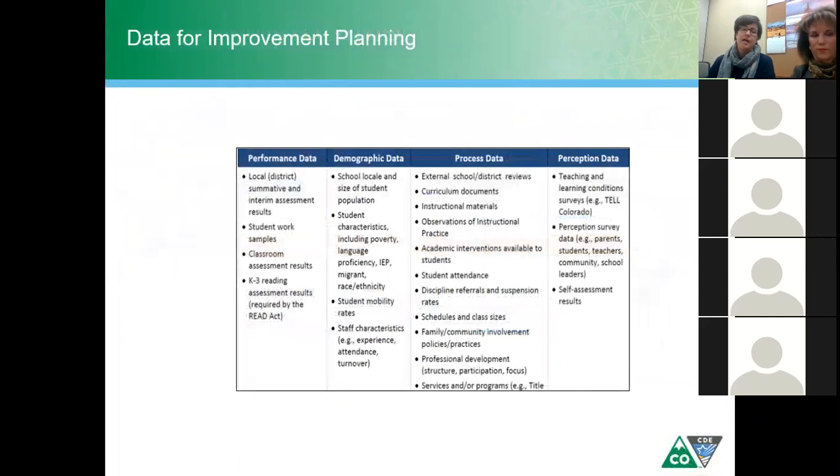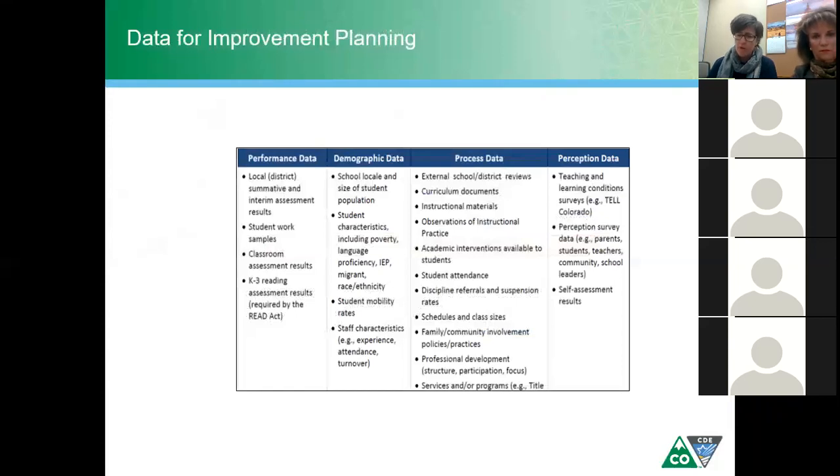Okay. The other piece that we want to acknowledge is that while our accountability system does use assessment data and other performance data, when it comes to improvement planning, we do want to use a variety of data sources to guide our work.